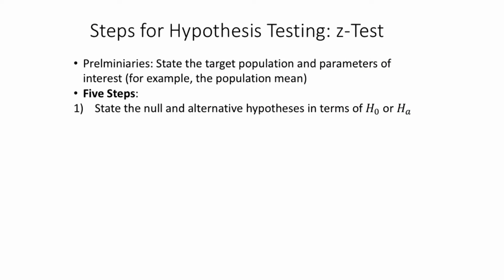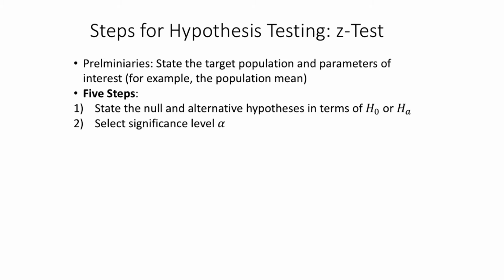Because maybe you're actually interested in some other quantity of the population. So once you have those preliminaries out of the way, we have 5 steps once you know you're interested in the population mean. First, you state the null and alternative hypotheses in terms of H subscript 0 or H subscript A. Sometimes you'll hear H subscript 0 called H naught. But the key point is that you need to express your hypotheses in this language. Then you select a significance level alpha.